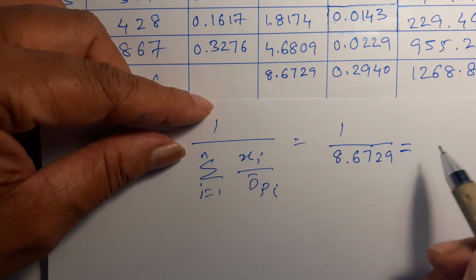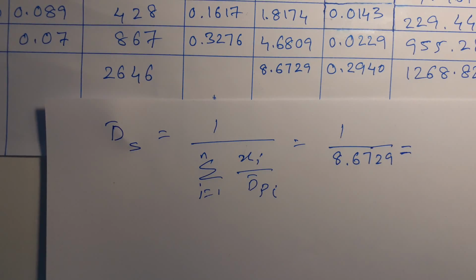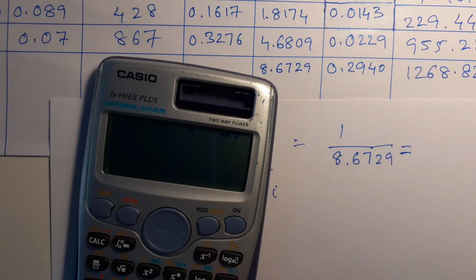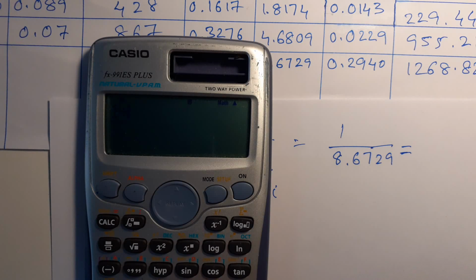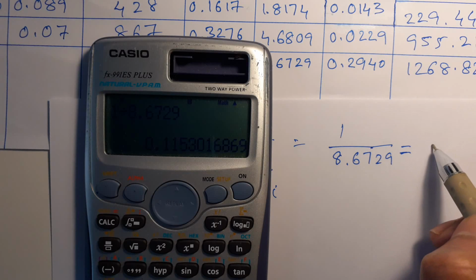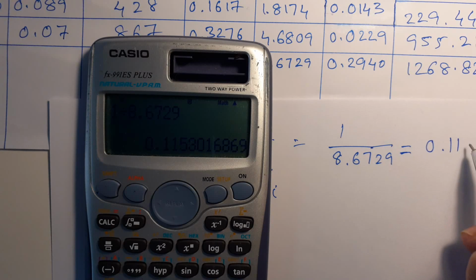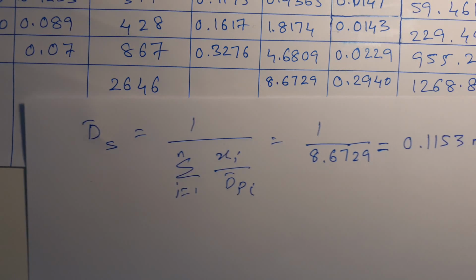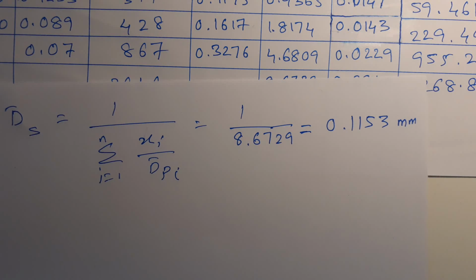Inverse of this: 1 divided by 8.6729 is equal to 0.1153 millimeters. This is the answer for d bar s.